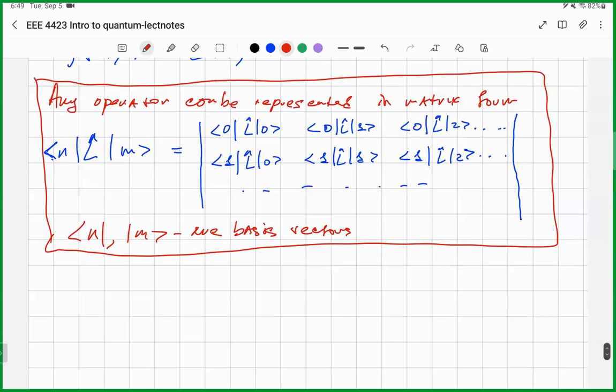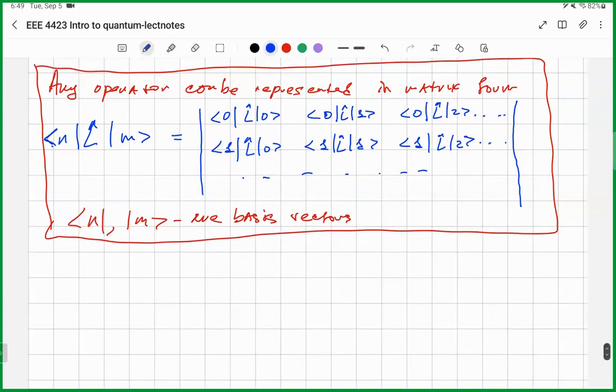And now we wonder how this matrix that describes the operator in the nm basis transforms to another basis. For example, I decide to change my basis. It's any vector from this basis that is a basis vector.